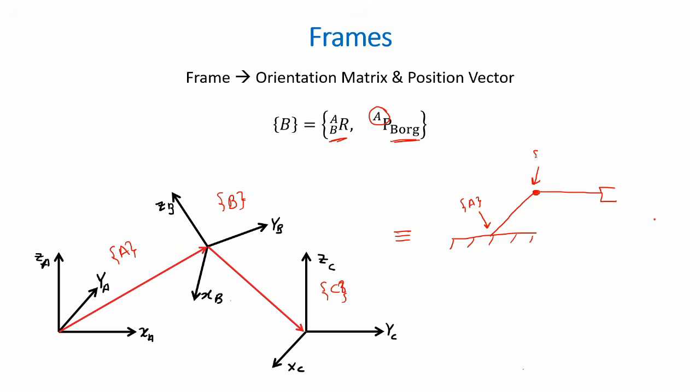The joint would be frame B, and the tool would be frame C. Through this, you can see that we know frame B relative to A, and we know frame C relative to B, but we do not know frame C relative to frame A. This, however, can be calculated using a transformation matrix, which I will go through in the next few slides.